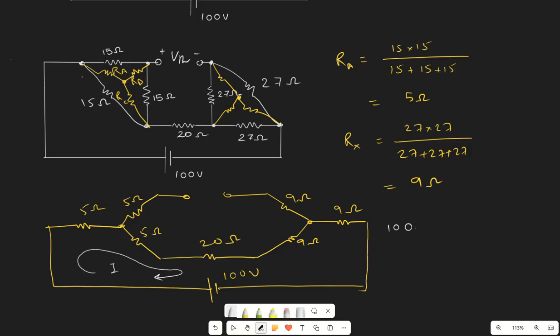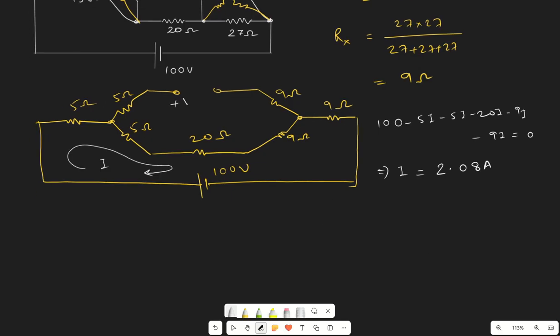So KVL will be 100 minus 5i, then minus 5i, then minus 20i, then minus 9i, then minus another 9i equals 0. So the value of I will come as 2.08 ampere.